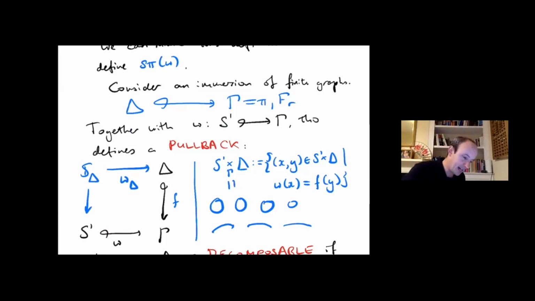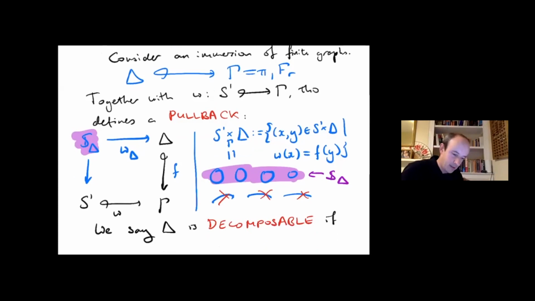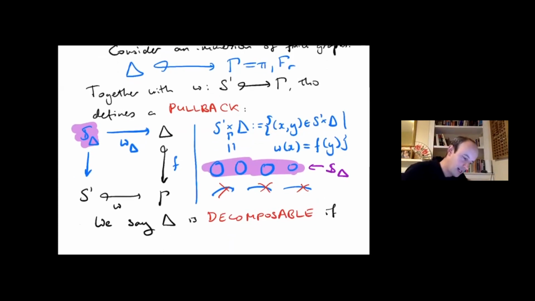And this pullback that I'm going to define here is what I get just by forgetting about the intervals. So I stop thinking about the intervals and I just think about the circles. So the pullback is just these guys, just the circles. This is the S delta that I'm talking about. Okay.